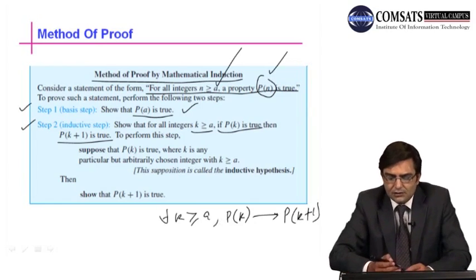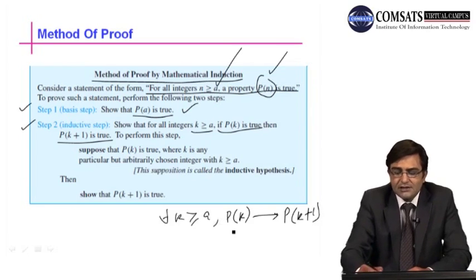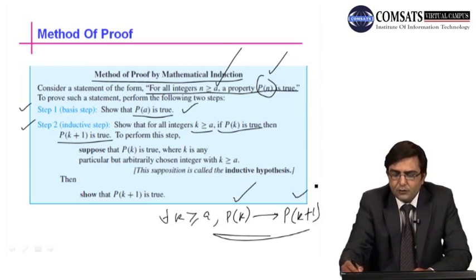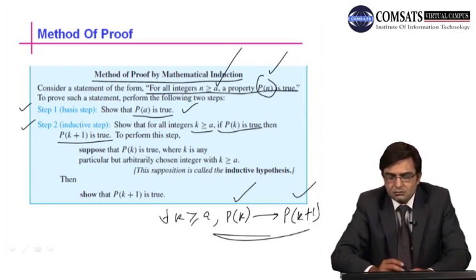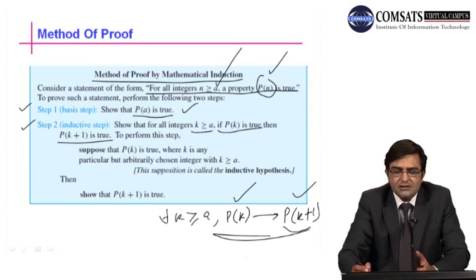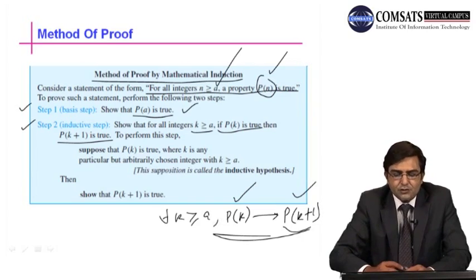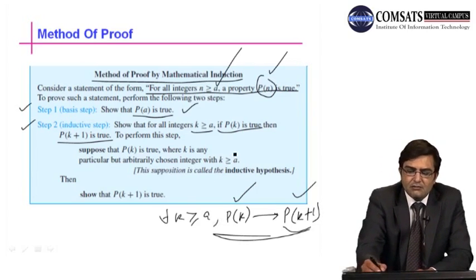As we have discussed in logic and in the methods of proof, first we write the given statement in this universal conditional statement form. Then we suppose that the hypothesis is true and we prove the conclusion is true. We suppose that the hypothesis is true, and then we have to prove that the conclusion is also true. So this is all we have to prove for a property to be true for all integers greater than or equal to a.